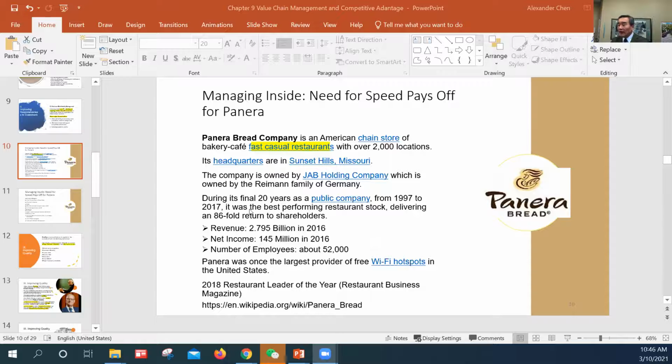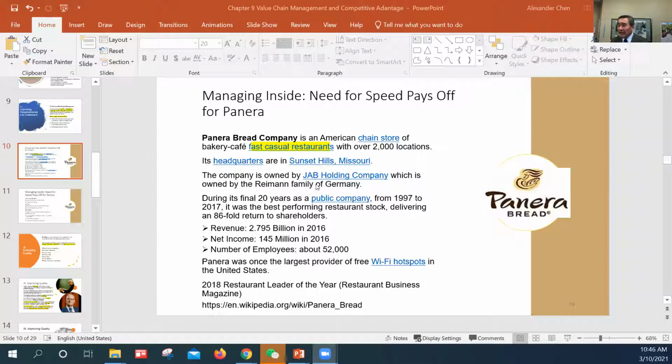You can find out between 1997 to 2017, 20 years, they are a public traded company. You can buy the stock and sell the stock of Panera Bread. But in 2017, this company called JAB Holding Company purchased the Panera Bread and took it out of the public trading.